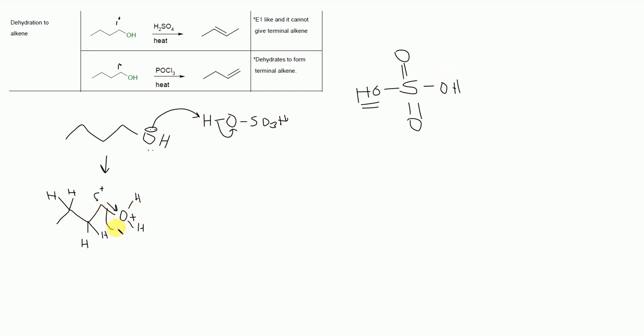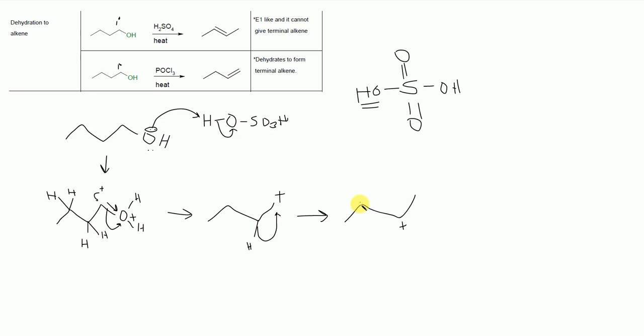So this group is going to leave, right? And very quickly we're going to have a hydride shift that changes the position of the carbocation from a primary to a more stable secondary carbon.